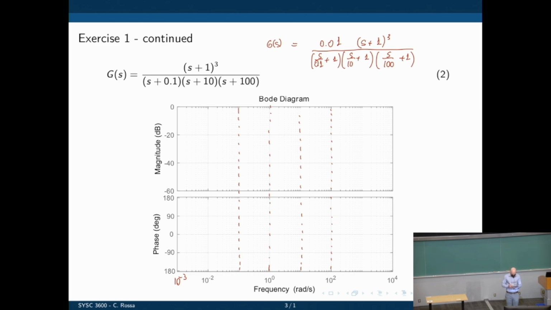At 20 log of 0.01, which is the same as 20 log of 10 to the power of negative 2, which is the same as negative 2 times 20 log of 10, and log of 10 is 1, so this is negative 40 dB. So the Bode plot starts at negative 40.